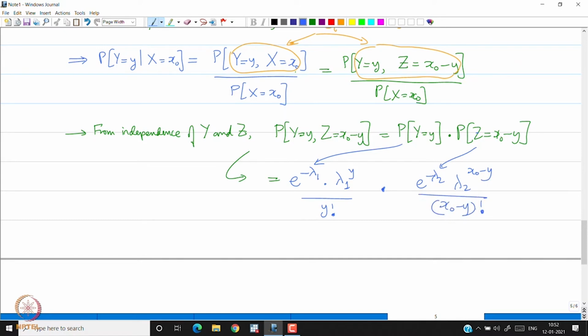So this is the numerator term in the conditional probability up there.